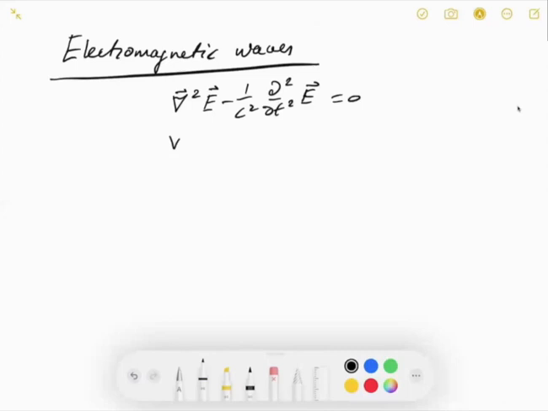So that's one way to do it. And B is identical: the Laplacian of B minus 1 over c squared d squared dt squared B is 0. Of course, it's a 0 vector.